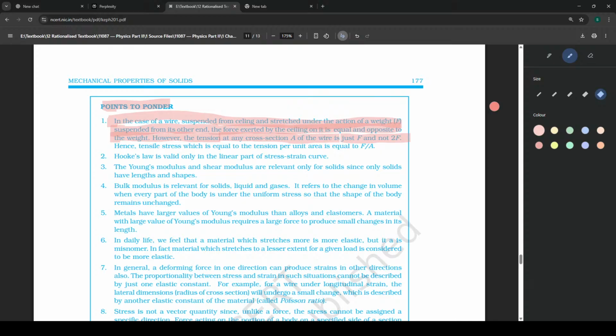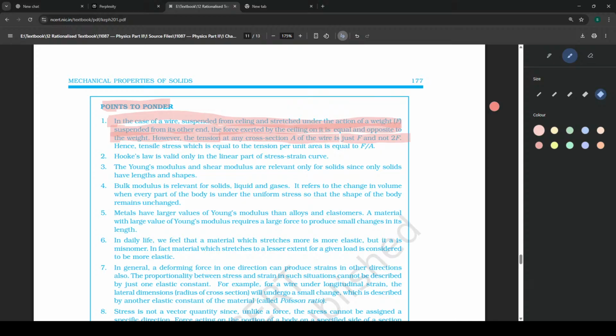Even though two forces are acting, the tension in the wire is not 2F but only F. Even though the ceiling applies a force in the opposite direction, it is not actually pulling the wire.